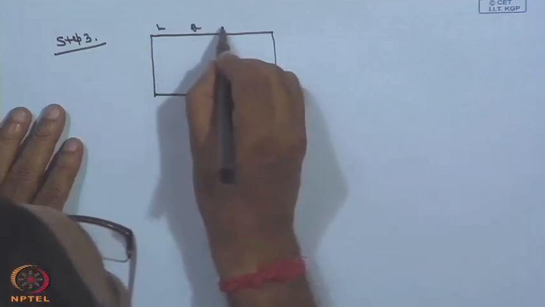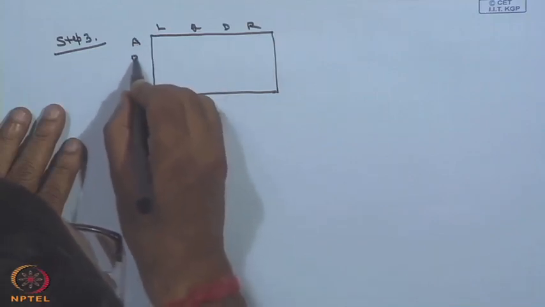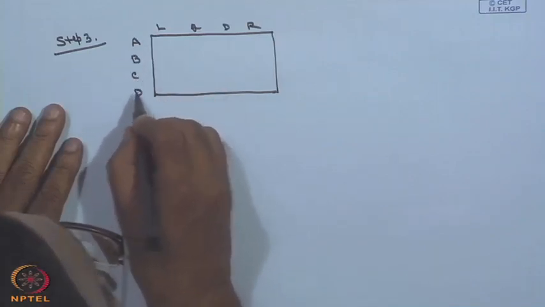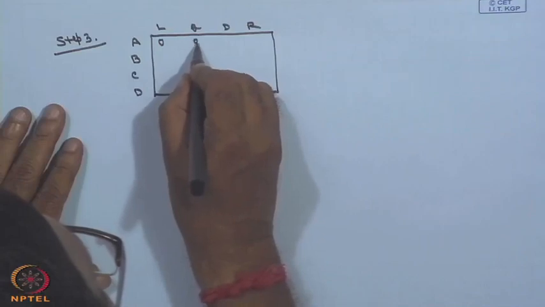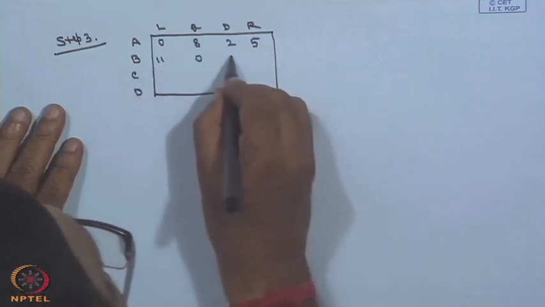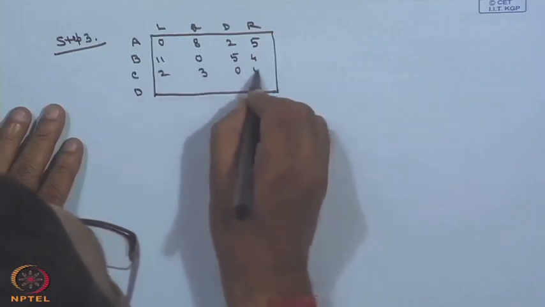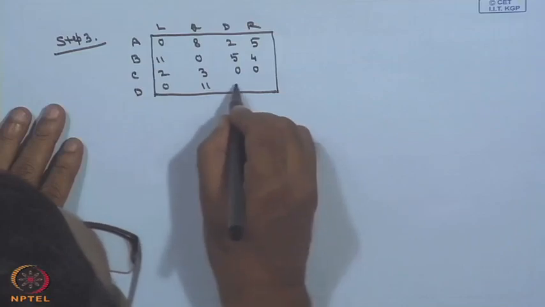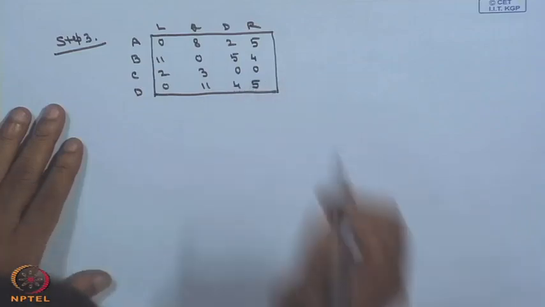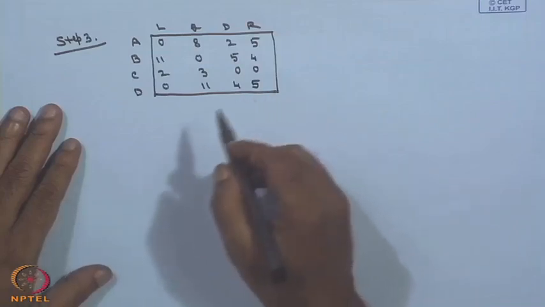So, now you have the reduced matrix after subtraction of row and column as 0, 8, 2, 5, 11, 0, 5 and 4, 2, 3, 0 and 0, 0, 11, 4 and 5. Now you start examining the rows.